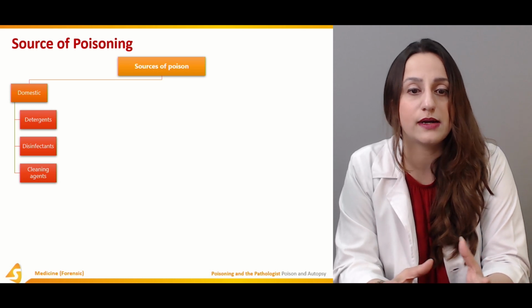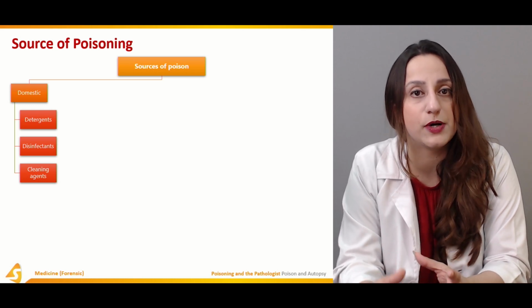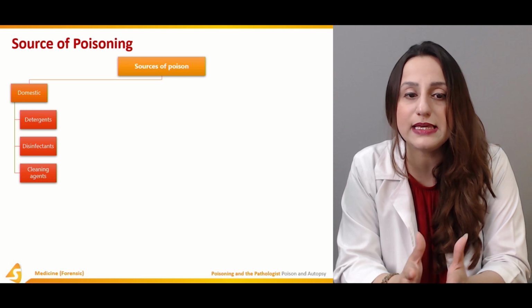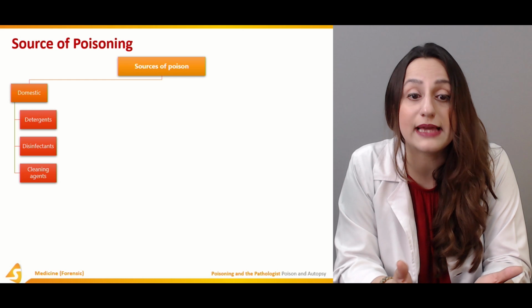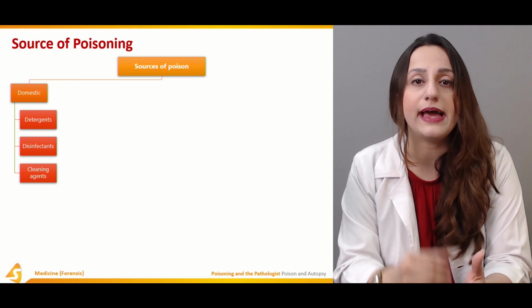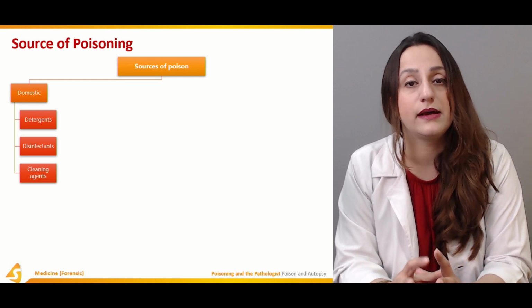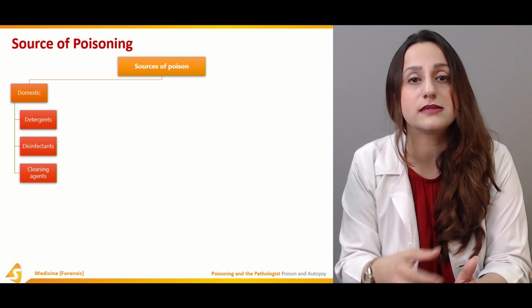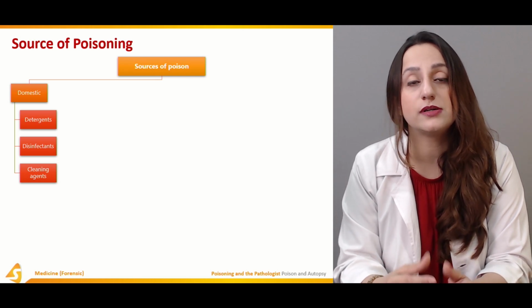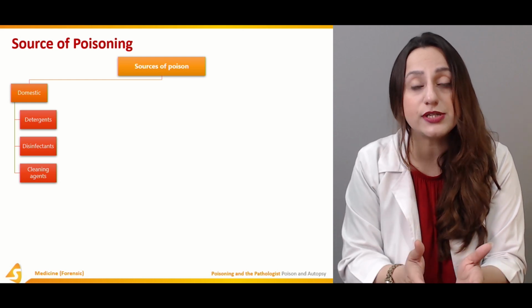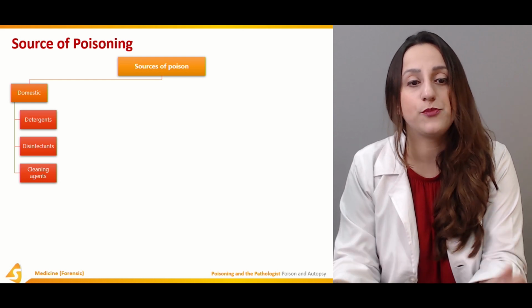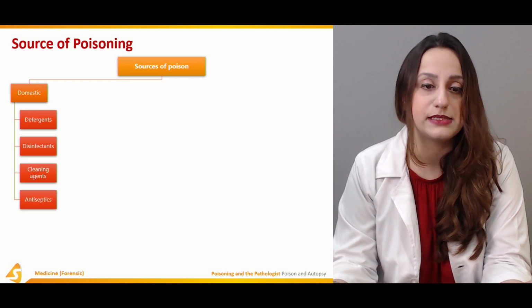If someone intends suicide, he or she can easily get their hands on these types of poisons. It can also be an accidental error, because accidents are usually due to a lack of knowledge on the part of children, and children are at risk of poisoning by these domestic items.